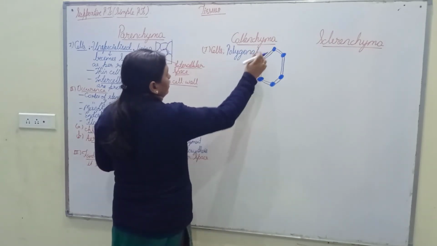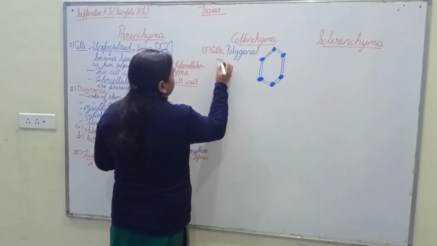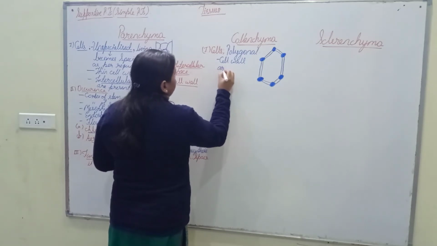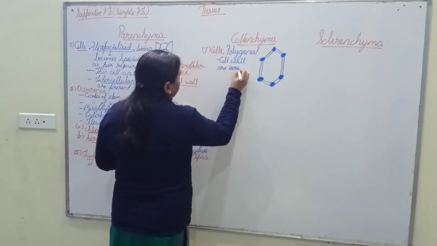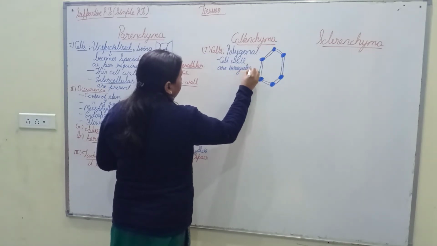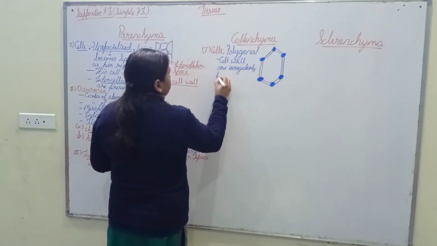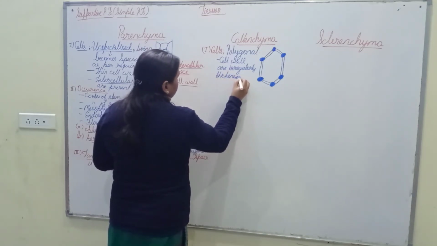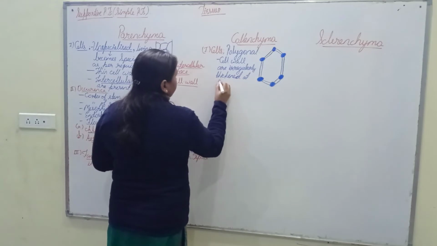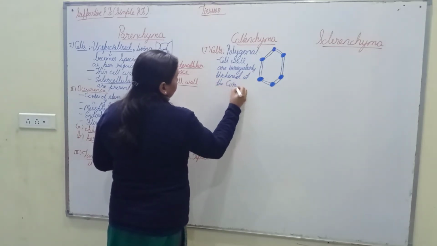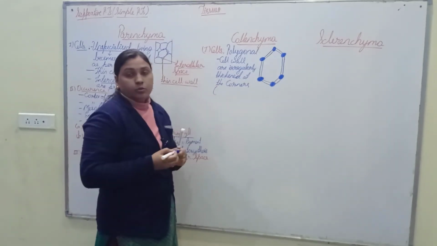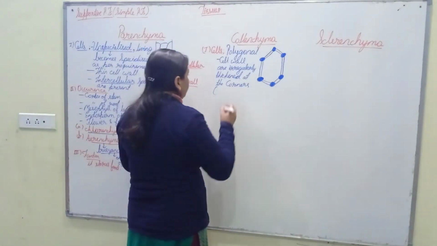Cells of collenchyma are polygonal, having cell walls irregularly thickened at the corners due to the deposition of cellulose plus pectin substance.